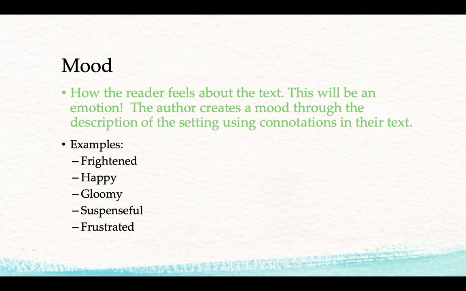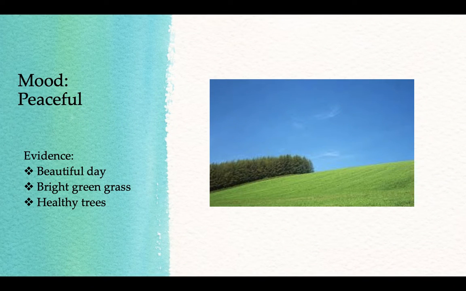When it comes to photographs or images that we can see, the mood becomes a little bit more obvious. So let's look at that. In this case, we've got a picture that's really just a lot of blue, which is the sky, and a green hill and some green trees. Not much going on, but when we see that, it evokes a particular mood in us.